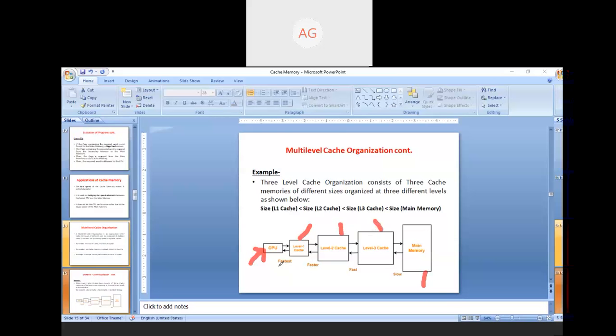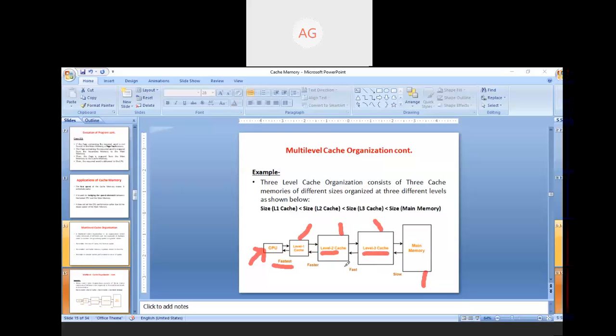The cache memory closest to the CPU has the smallest size, also known as level 1 cache, and it is the fastest among all the caches. Then the intermediary size cache is placed between level 1 and level 3, and the largest size cache is placed nearer to the main memory.